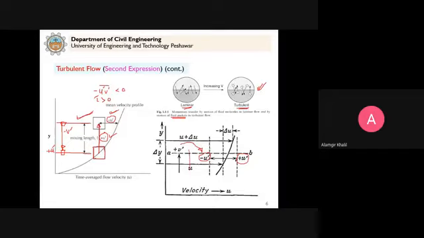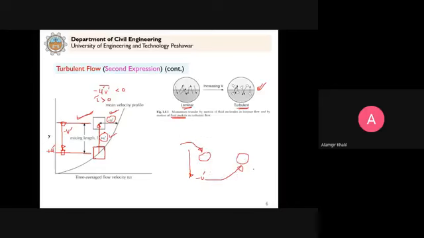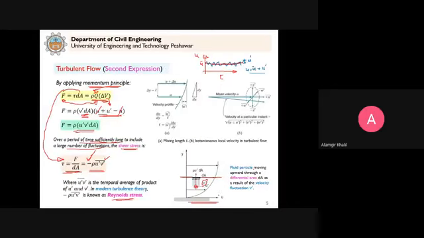And if we move in this direction, then we have minus v dash, and it will be correlated with this plus u dash. So I just tried to explain why in the Reynolds stress we write down this negative sign here. This is an explanation of how we write down this Reynolds stress.